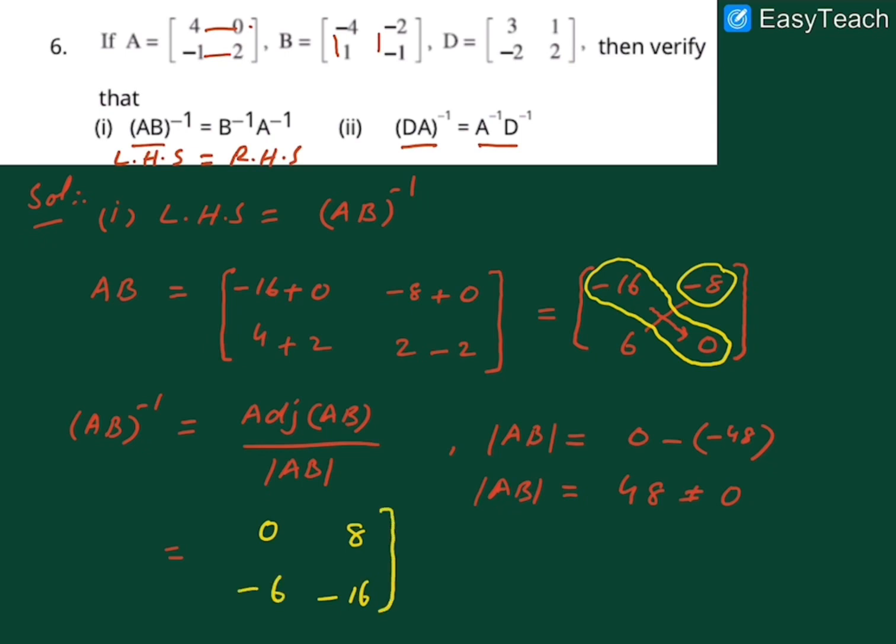This is the adjoint of AB. And down we have the AB mod, which is 48, its determinant. So we got AB whole inverse equal to 1 by 48 times the matrix 0, 8, minus 6 and minus 16.